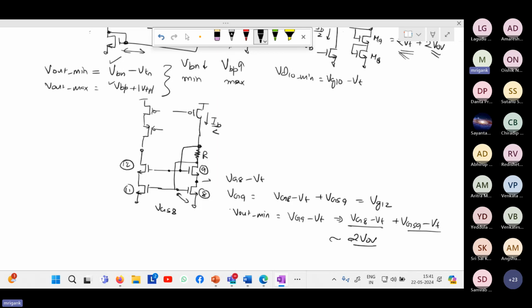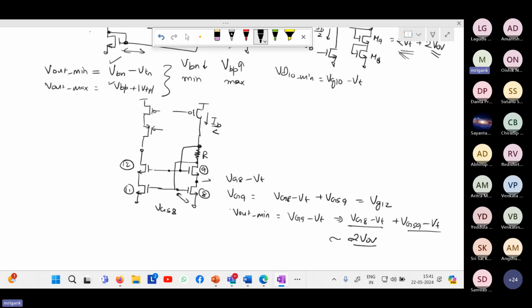So earlier the minimum value that we were able to obtain was something like VT, because 2 VT is the gate voltage, 2 VT minus VT. So that is again 300, 400, something like that millivolt. Whereas here it is 2 V overdrive, so this can be around 200 millivolt. So we will be able to pull the output significantly downward. We will be able to allow lower output voltage.